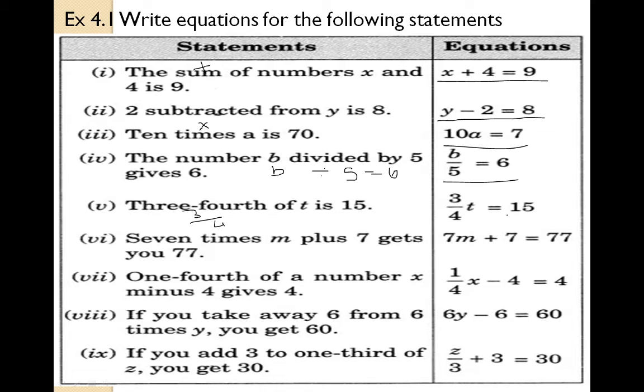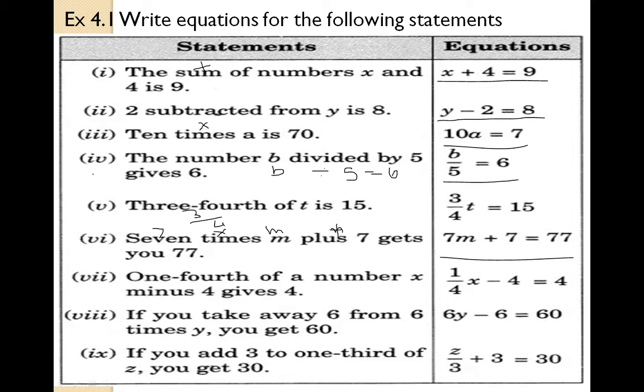So 3/4 t is equal to 50. 7 times m plus 7 gets you 77. 7 times, that means 7 multiplied by m, plus, that means we have to write plus sign, 7 gets you 77, and that is 7m plus 7 is equal to 77. So while forming the equation you have to go word by word. Each and every word is very important while forming the equation.